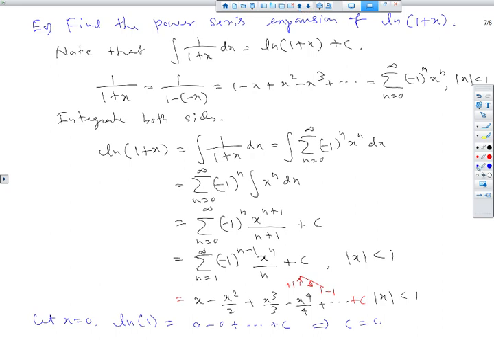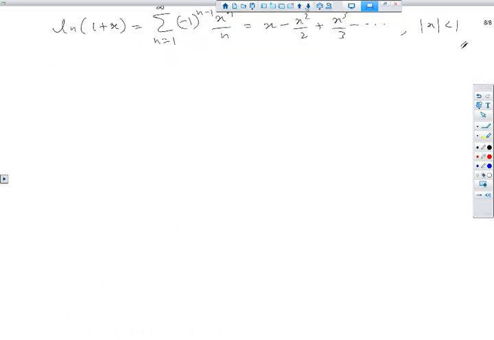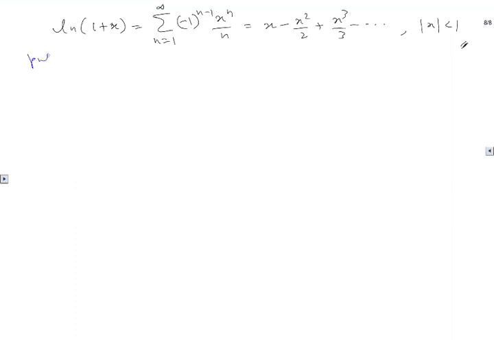Okay, so let's do maybe 2 more examples before we finish this section. How about ln(1 minus x)? Because you can plug in anything inside the interval, we can replace x by negative x.